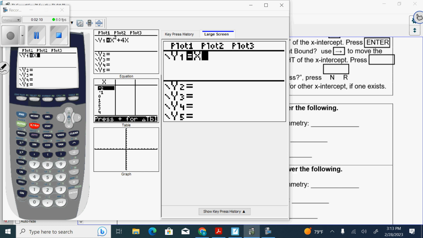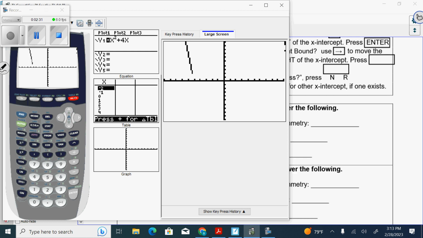So we have x squared plus 4x minus 5. Okay, so everybody should have this equation typed in their y1. Okay, and then we hit graph so we can see a picture of it.